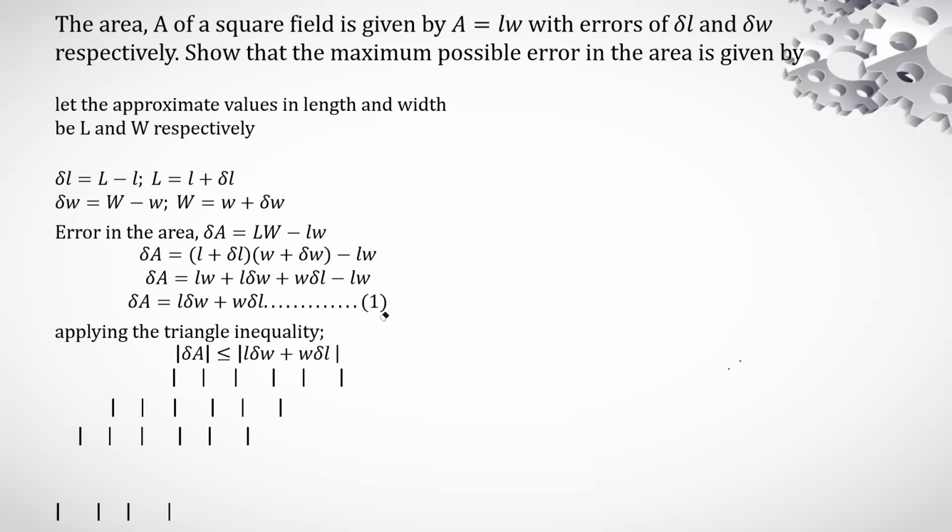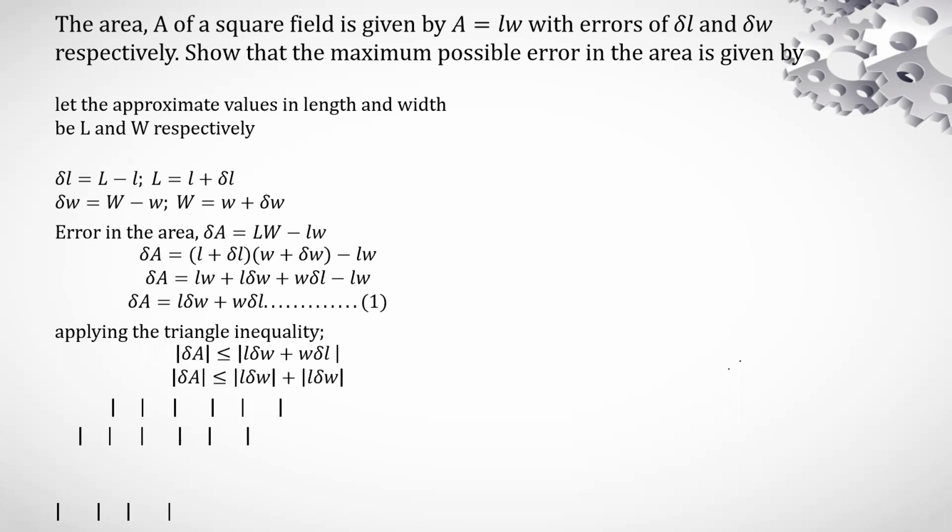The triangle inequality is not really proven here, it's just used as a notation. The absolute error in the area is less than or equal to the sum of the independent absolute values of the terms in the expression in equation 1.